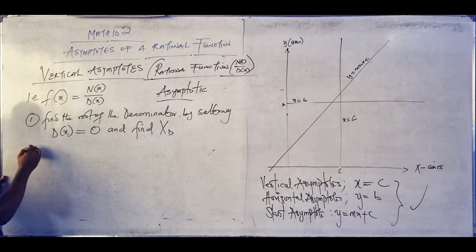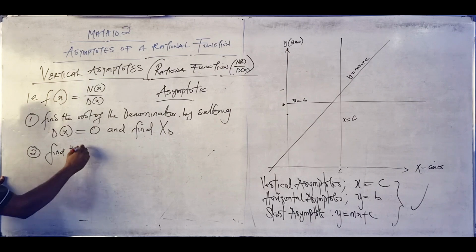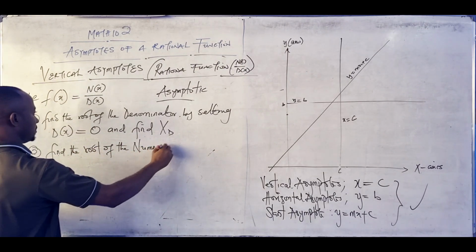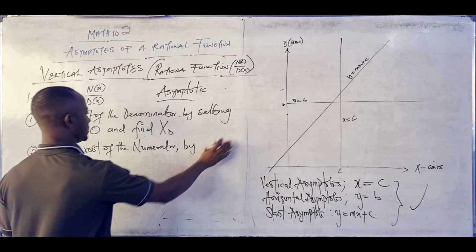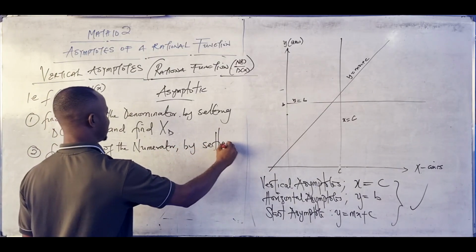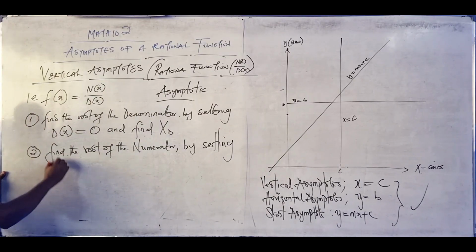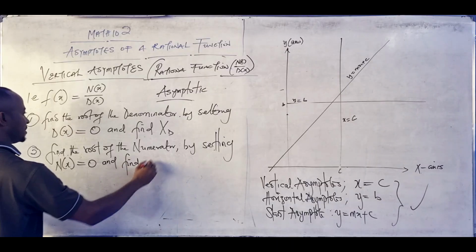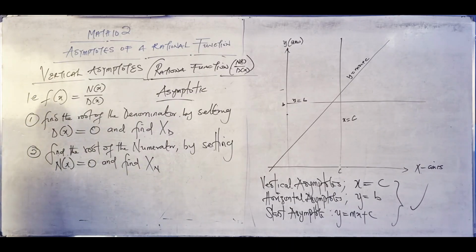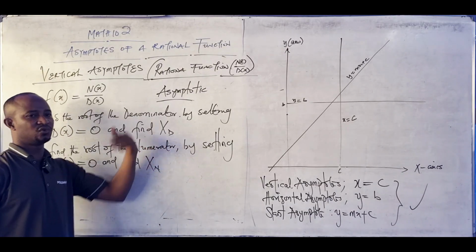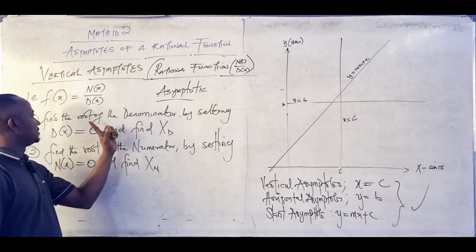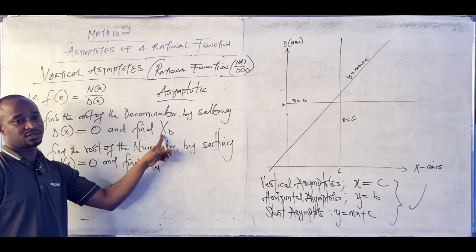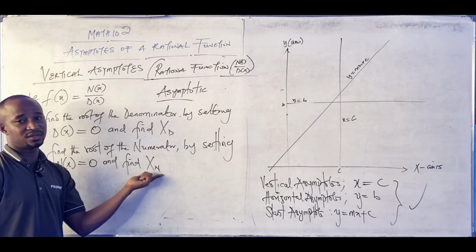Number two is that we have to find the roots of the numerator by setting n(x) equals 0, and find xn. Meaning xd means find the roots of the denominator. Xn means the root of our numerator.